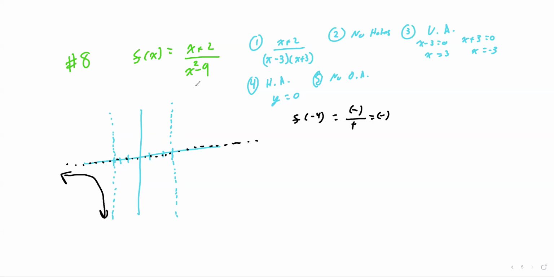All right, so when working through this, I'm going to choose a number between 3 and negative 3. I'm going to choose 0. And when I do that, I get a positive 2 and a negative 9. So I know I get a negative number. So 0 here tells me I'm going to be below the 0. So that gives me a coordinate here.